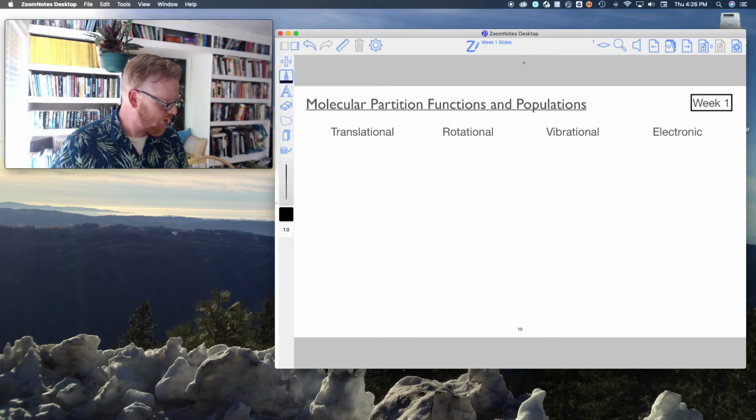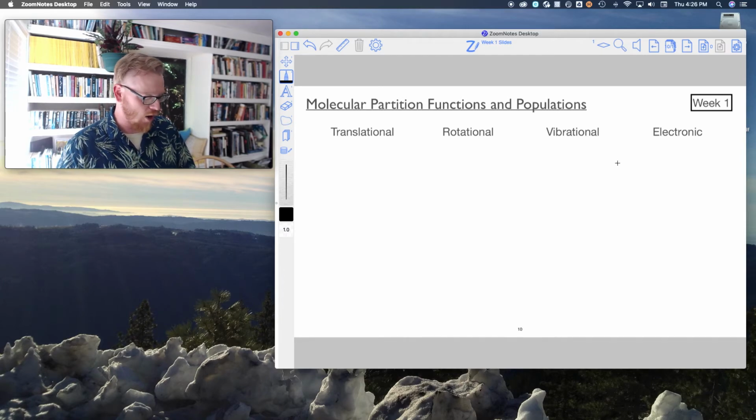We have a whole bunch of these partition functions that I could draw up, and I'm just going to write what the partition functions are and not ask you to memorize them, but they do look very similar.